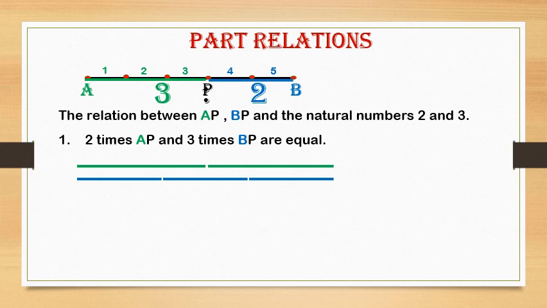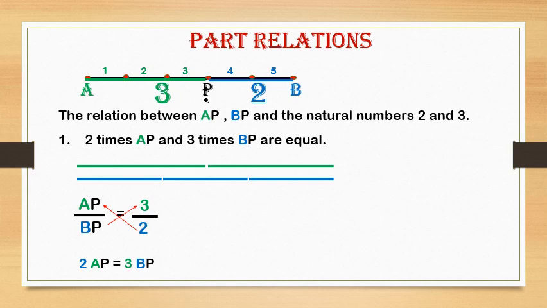Or we can say 2 times the larger quantity and 3 times the smaller quantity are equal. When we write it in the form of a fraction, we can write AP divided by BP equal to 3 divided by 2. When we cross multiply, we get 2 times AP equal to 3 times BP. That is 2AP equal to 3BP.